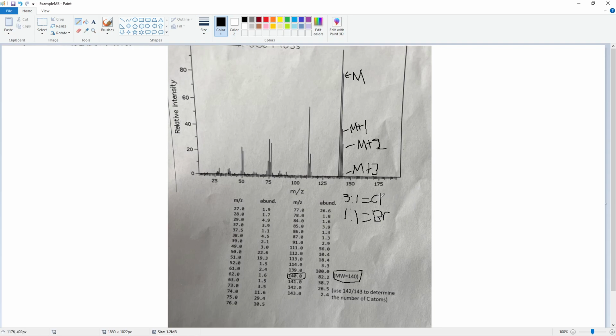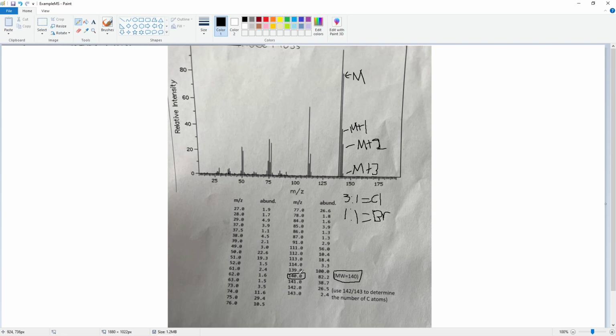That's why chlorine has this 3:1 peak, because 75% of chlorine is chlorine 35. 25% is 37, and then bromine is split between 79 and 81, which is why its molecular weight in the periodic table is listed as 80. But if you have a bromine, you should consider the molecular weight as 79 for later calculations.